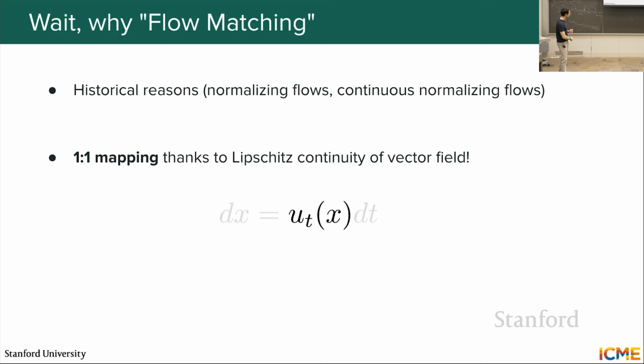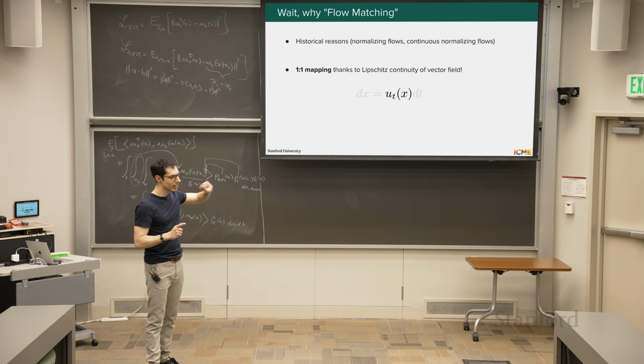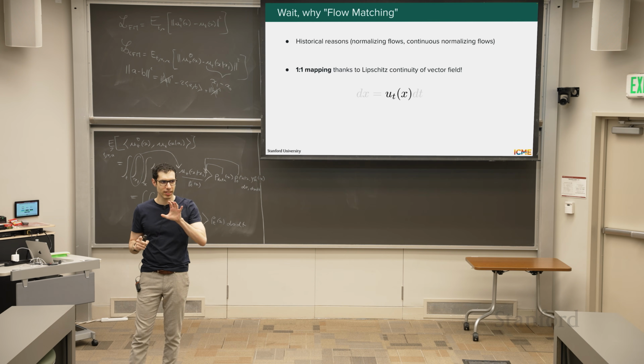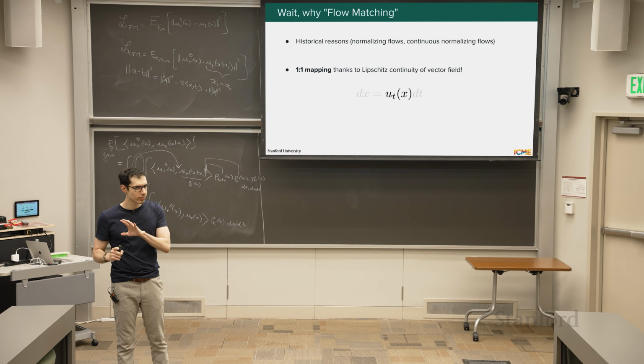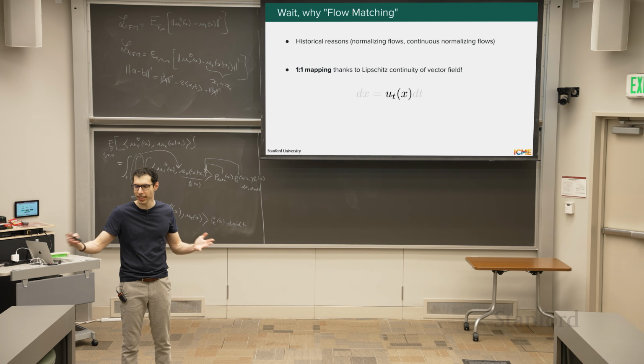But actually, I want to get back to my earlier Lipschitz continuity comment. It turns out that if the vector field that you learn here is Lipschitz continuous, then what happens is that your trajectories are all unique.